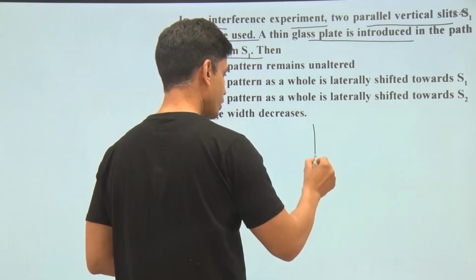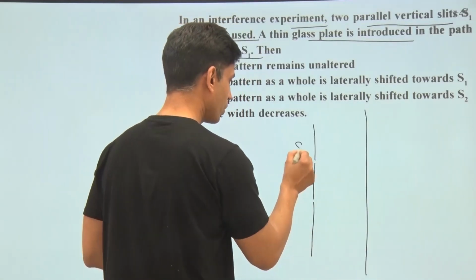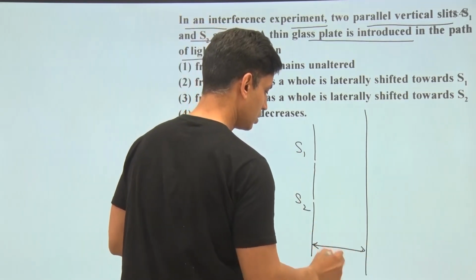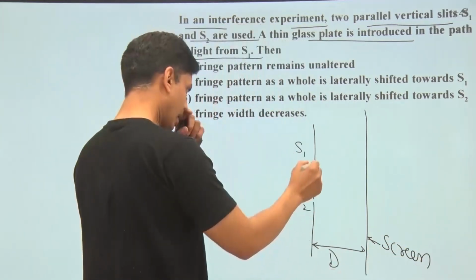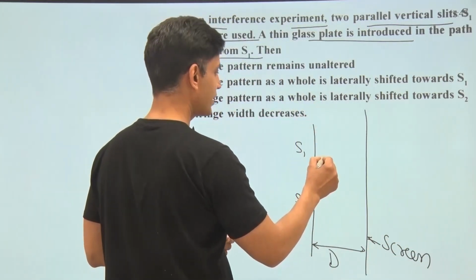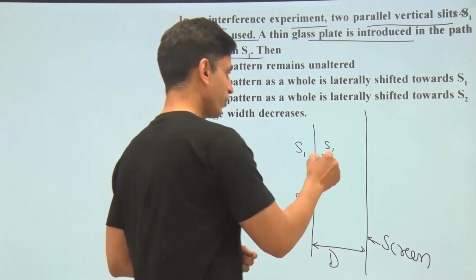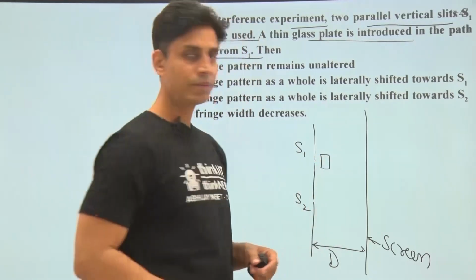Now the experimental setup is like this. S1 and S2 are two slits, and this is the screen. According to the question, you have placed a glass plate in front of S1. Here you have placed a glass plate.